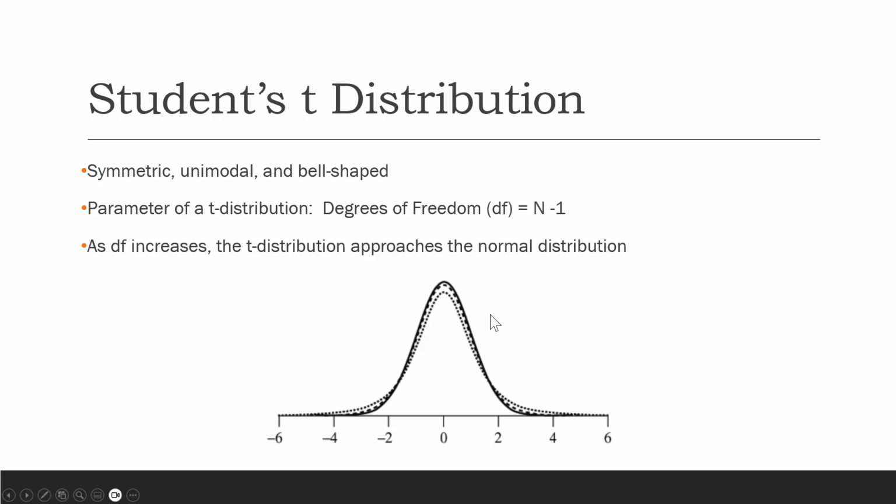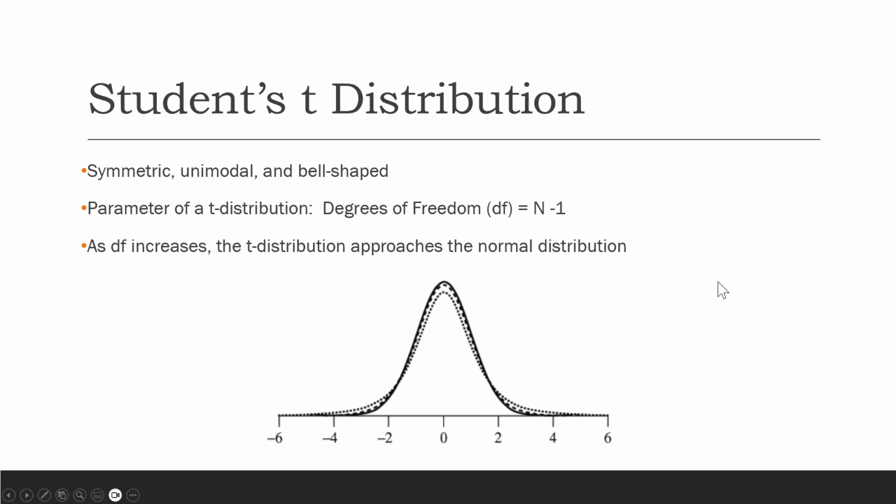One thing about the relationship between the class of t distributions and a normal distribution or a standard normal distribution is that as your degrees of freedom increases, which means as your sample size gets larger and larger, the t distribution approaches the normal distribution.